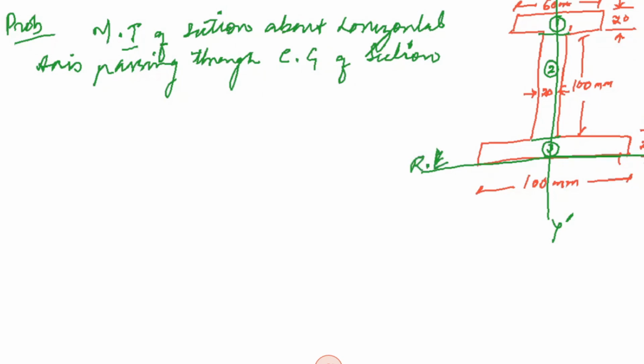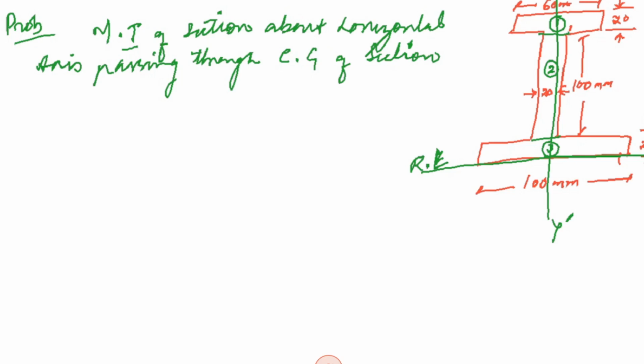As we already know, we had divided this I section into 3 rectangles, and the whole section is symmetrical about the y-axis. The reference line is the bottom flange.